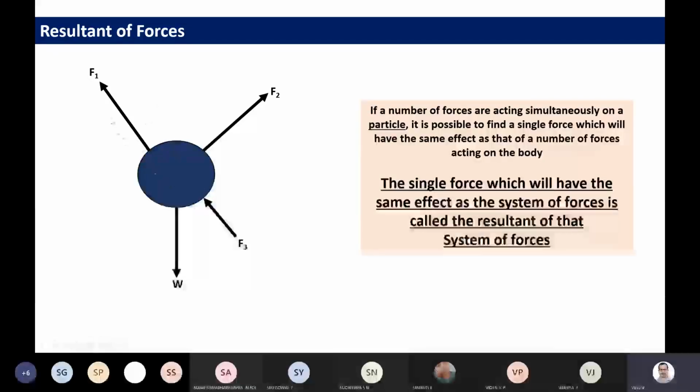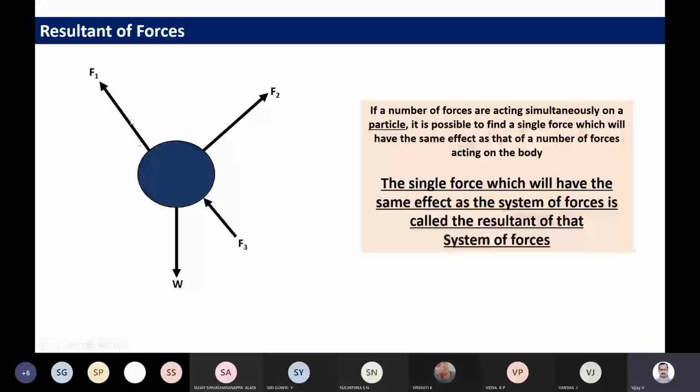What does the resultant represent? That means to say that the resultant of forces is actually representing the net effect of all the other forces on the single body. What I mean is, instead of having, say for example, 1, 2, 3, 4 forces acting here simultaneously, you can resolve and get to know what is the final effect.